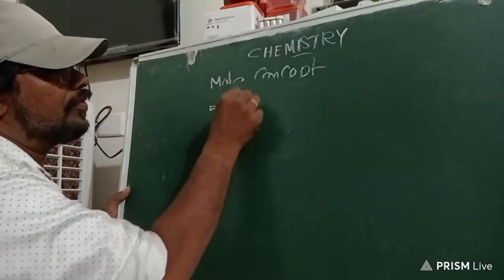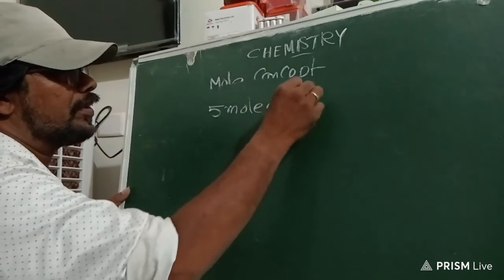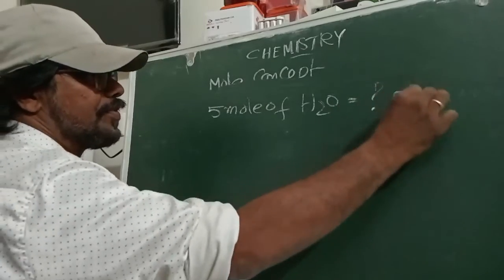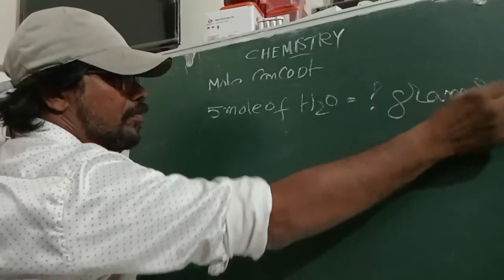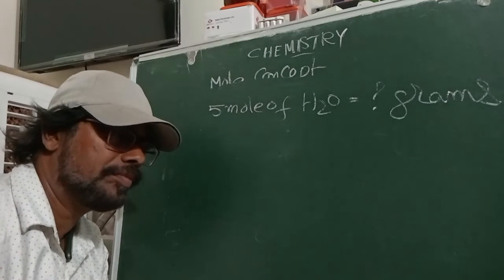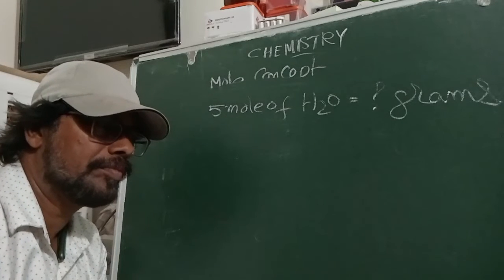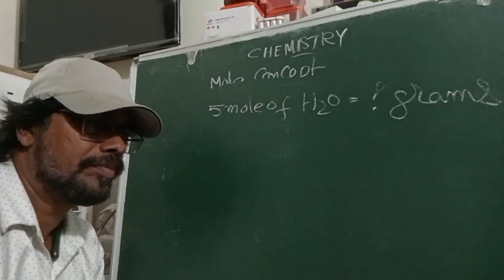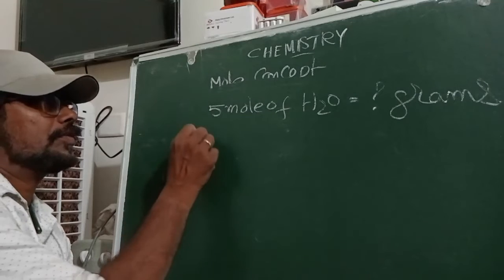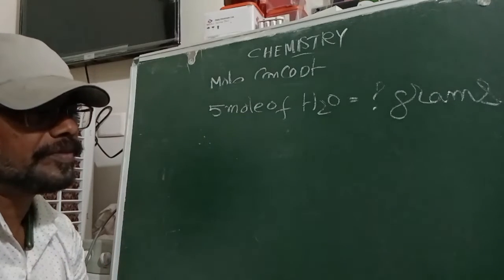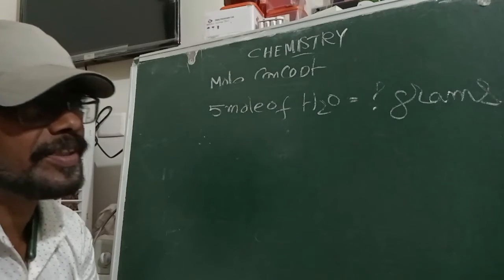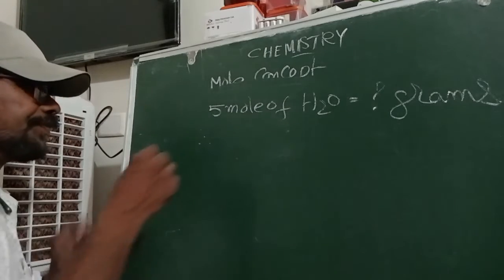So, five moles of H2O is equal to how many grams? Weight of the substance is equal to gram molecular weight into number of moles.